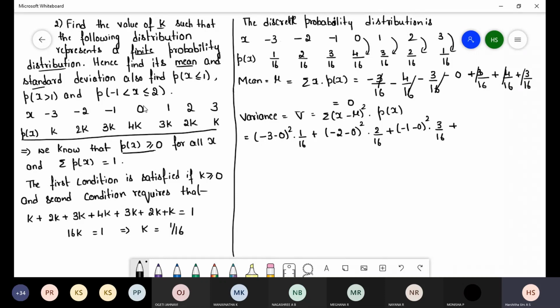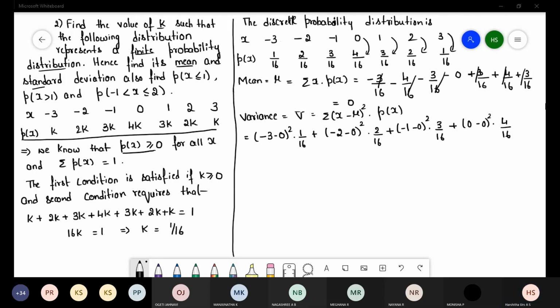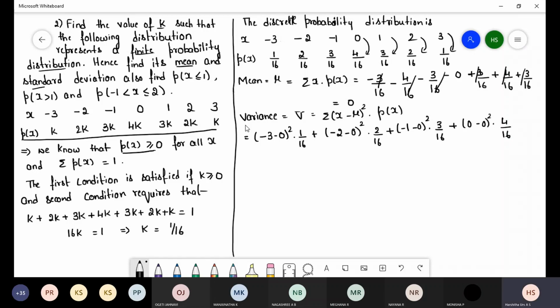Next, the fourth value, (0 minus 0) whole square into 4 by 16. Next, the fifth value, (1 minus 0) whole square into 3 by 16, plus (2 minus 0) whole square into 2 by 16, plus (3 minus 0) whole square into 1 by 16 for the last term.